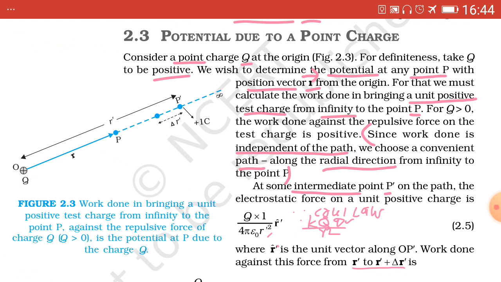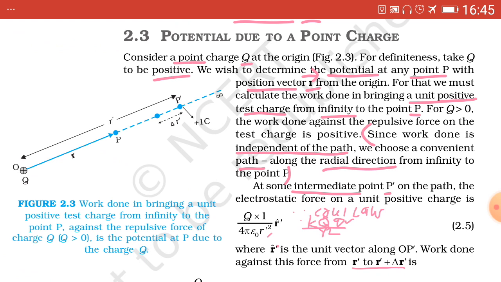Now, to determine the potential at any point P with respect to position vector small r vector, which is shown in the diagram from O to P, we have to calculate the work done in bringing a unit positive test charge, that is shown in the figure as plus 1 coulomb, in the previous topic denoted by small q.